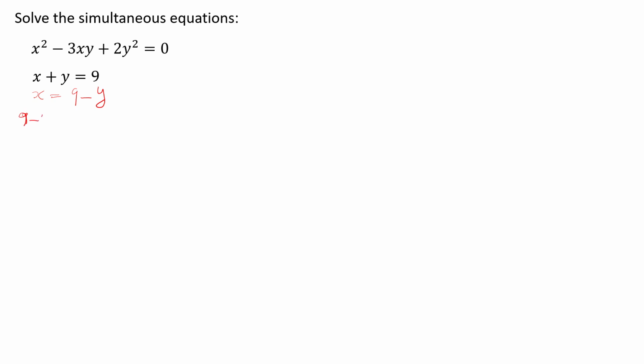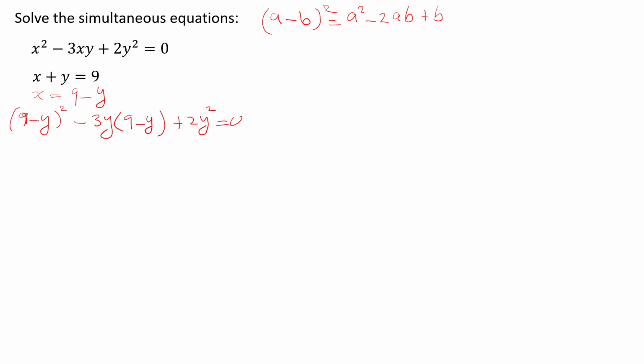So (9 minus y) squared minus 3y times (9 minus y) plus 2y squared equals 0. Expand the bracket. You can use the formula (a minus b) squared equals a squared minus 2ab plus b squared.